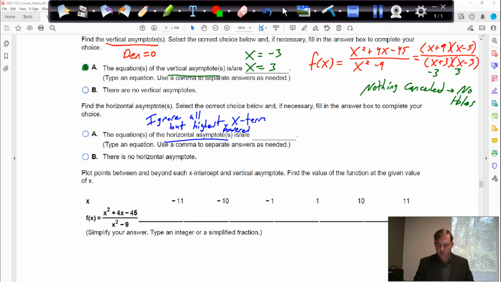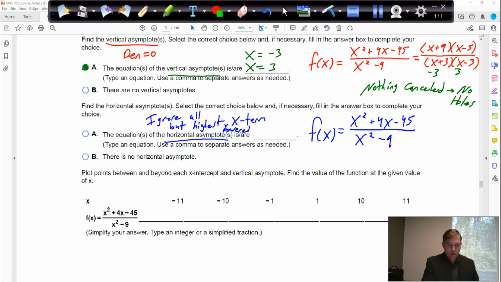So in our function, go back to the very original function, how it's written, before we factored it, I only care about x squared. Because when x becomes 10, the function is 100. When x is 100, it becomes 10,000. So that x squared is going to dominate. It's going to grow much faster than 4x or 45. So let's toss away 4x and 45. Same for the bottom. I only care about that x squared because 9 is not going to change it much.